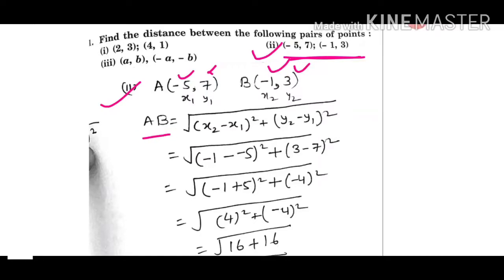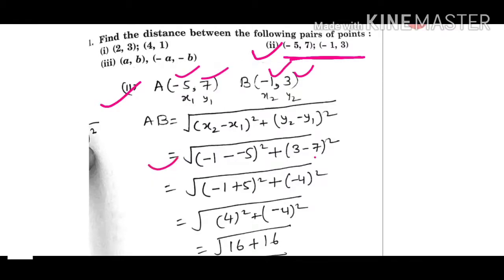Now AB will be equal to root of (x2 minus x1) whole square plus (y2 minus y1) whole square. You can write here root of (minus 1 minus minus 5) whole square plus (3 minus 7) whole square, because x2 is minus 1, so minus 1 we put, then x1 is minus 5, so minus 5 we put, y2 is 3, so you put 3, and y1 is 7, so you put 7.